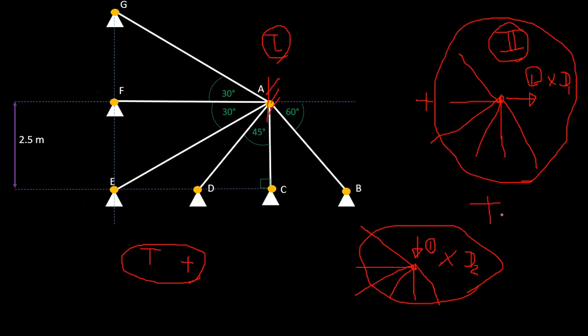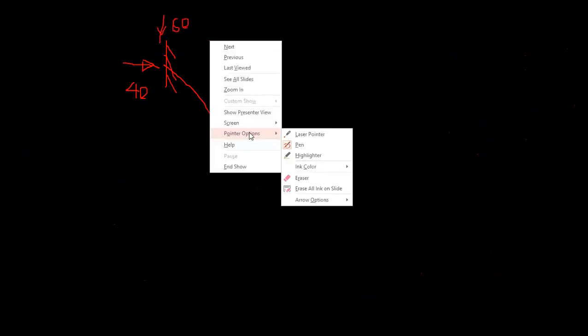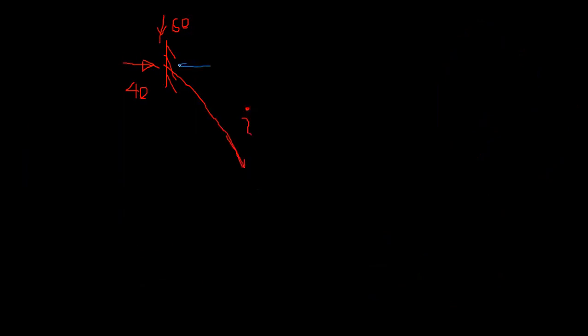And here, since you apply a fixed support to here, right? To apply, I will draw one member. Let's say this is the ith member. Since you apply a fixed support, you originally had 40 here, 60 here. But this fixed support has the exact same and opposite restriction force.